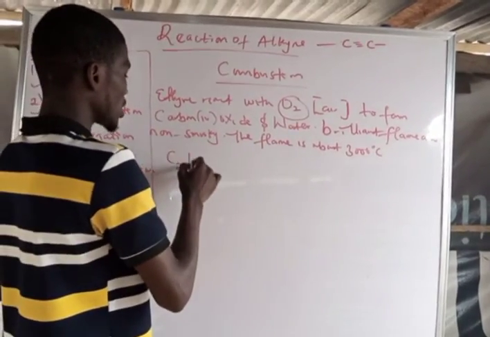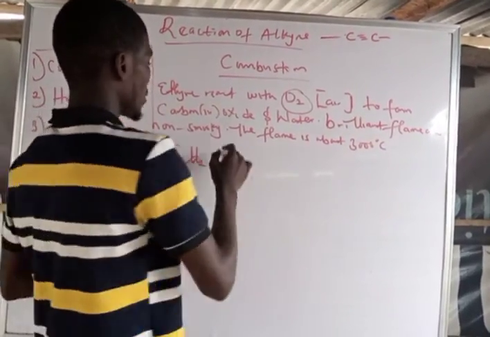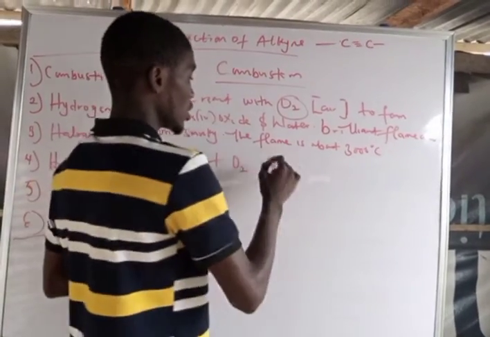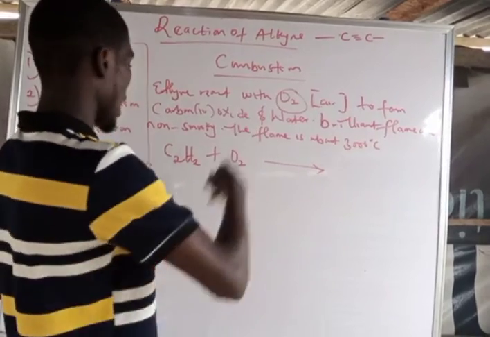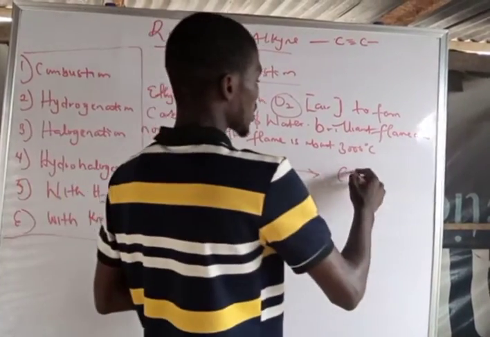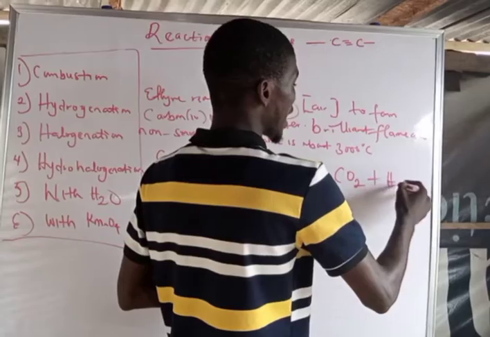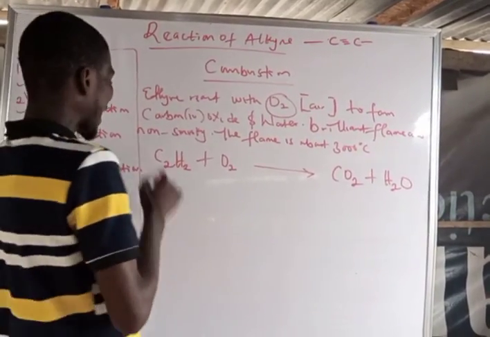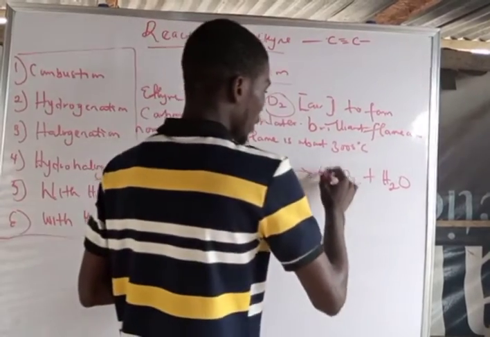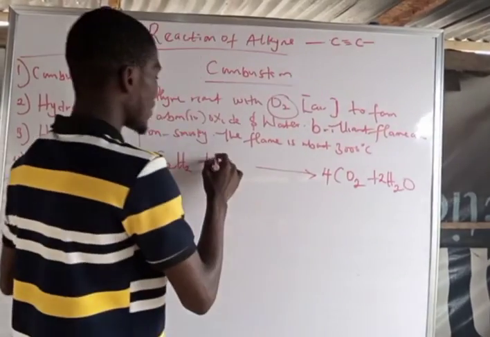So now let's pick up ethyne, the first member of alkyne, which is C2H2 plus the oxygen gas. We have this. And the oxygen gas or oxygen molecule is the air. So it's this. I have carbon dioxide because we are meant to know that if they react together, they'll give us carbon dioxide and water. So with that, I can have my 2 here, I have my 4 here, I have my 2 here, I also have my water here, 5.